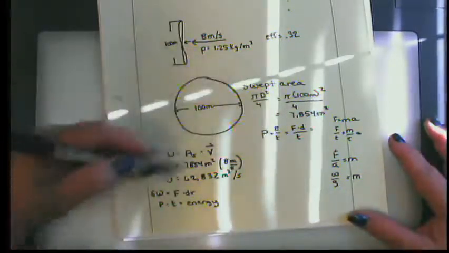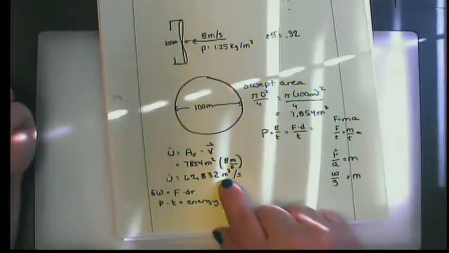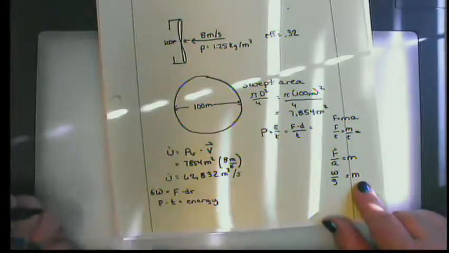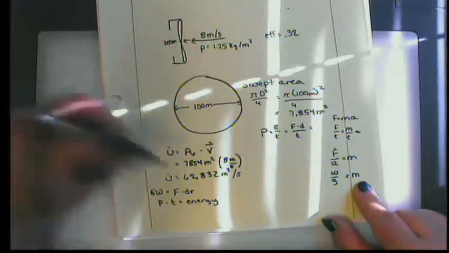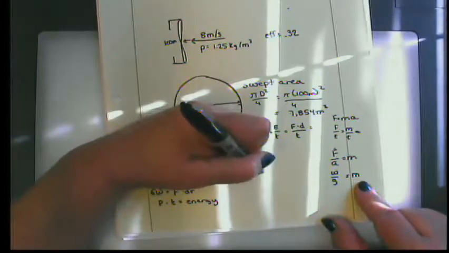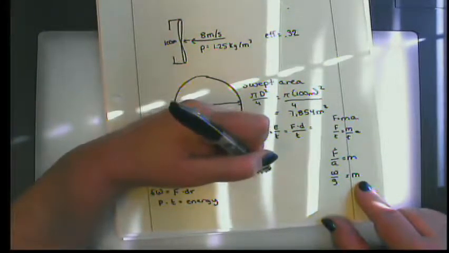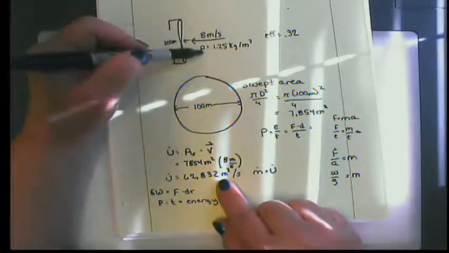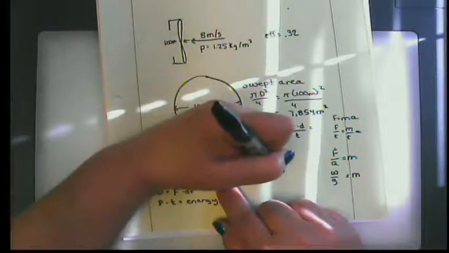So what we're really talking about is here for our volumetric flow rate, we're going to have to get it into a mass flow rate before we can really work with it. So a mass flow rate is going to equal a volumetric flow rate times a density.